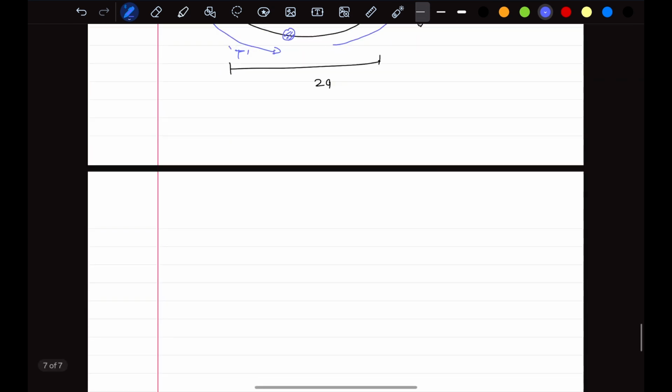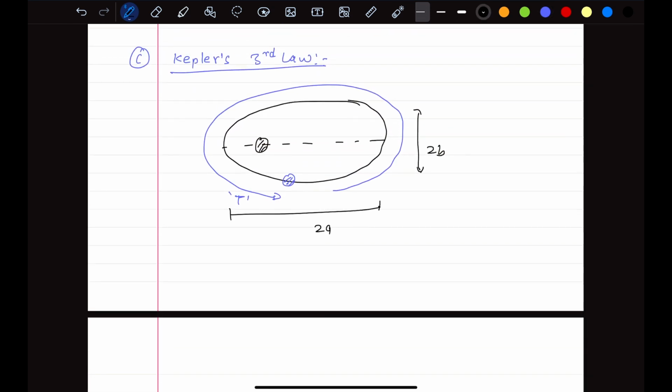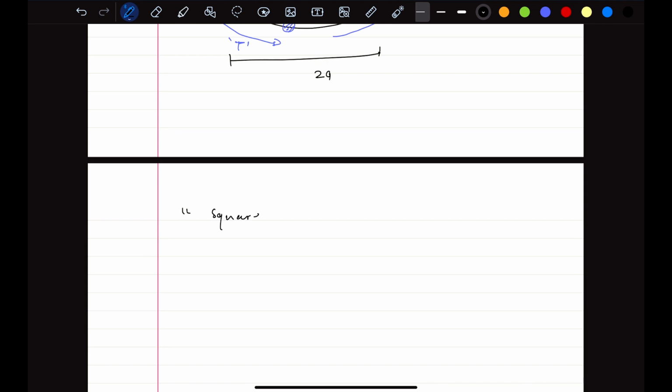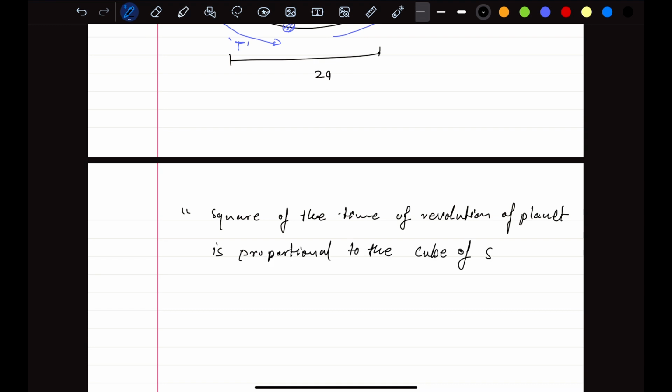Now according to Kepler's third law, the square of the time period of revolution of the planet is proportional to the cube of the semi-major axis. Let me write down this statement. So the square of the time of revolution of the planet is proportional to the cube of the semi-major axis.